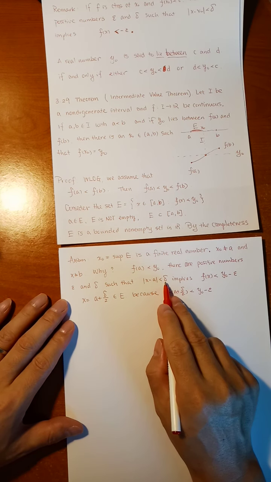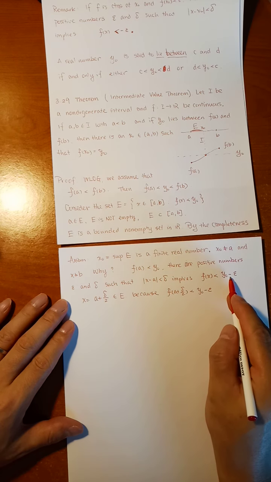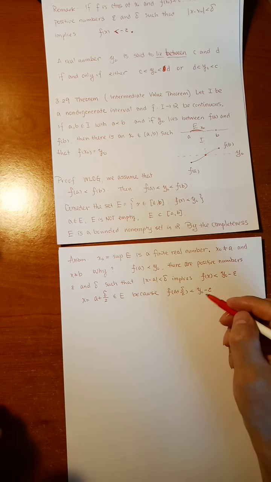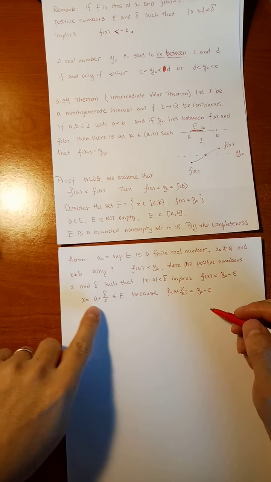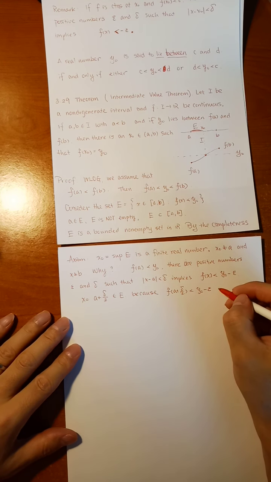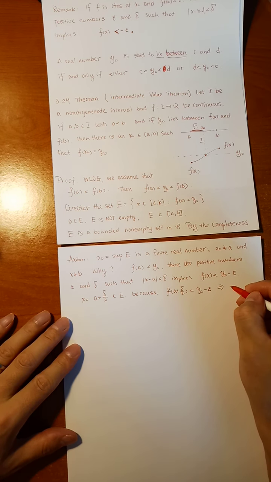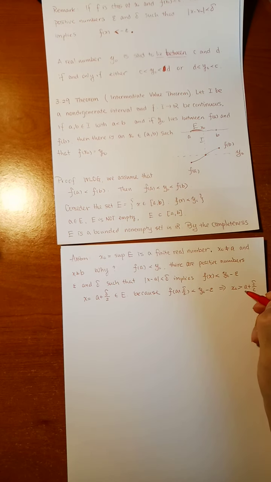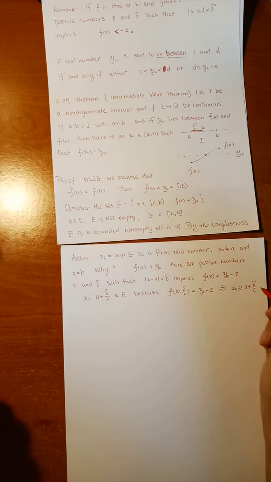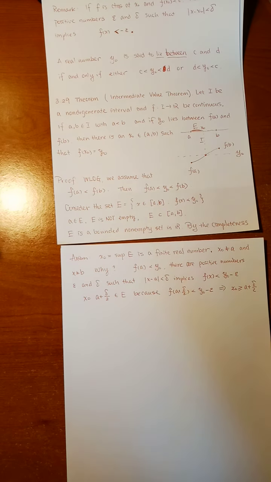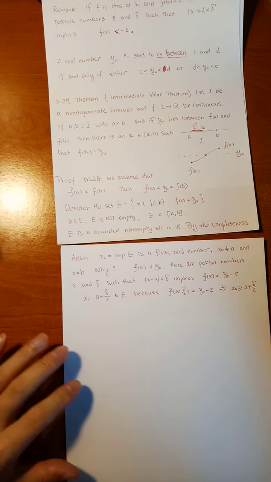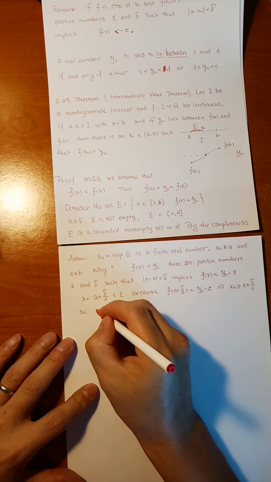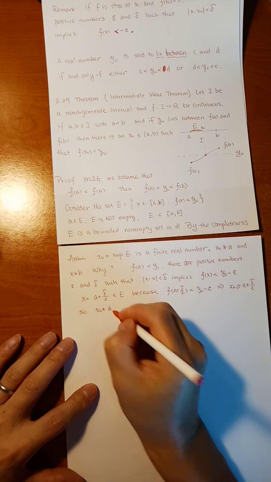I don't know if a plus delta is in or not, but a plus delta over 2 is definitely satisfied. So this implies x0 is greater than or equal to a plus delta over 2, right? It's a supremum. A supremum is greater than or equal to whatever point is inside the set. So x0 is not equal to a.